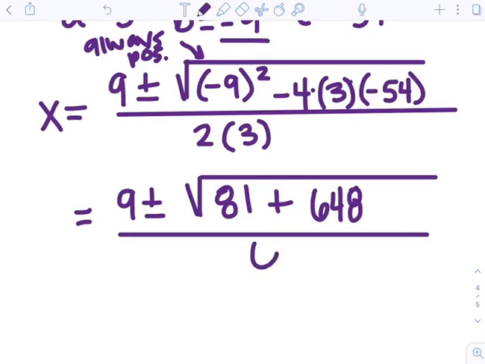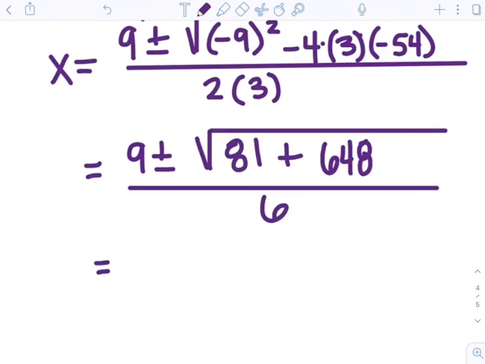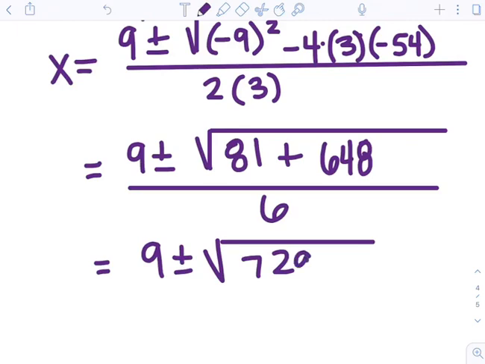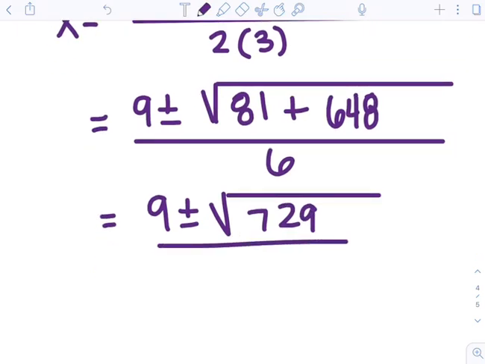All over 6. Okay, so I'm going to keep combining what's inside of the square root. So I'm going to do 648 plus 81, which is 729, over 6.